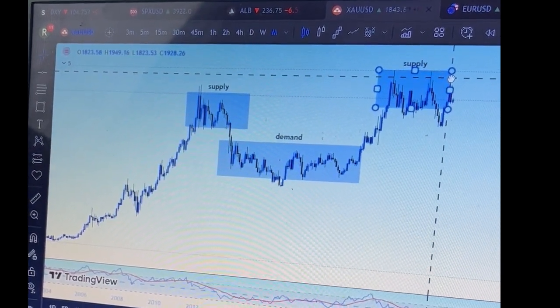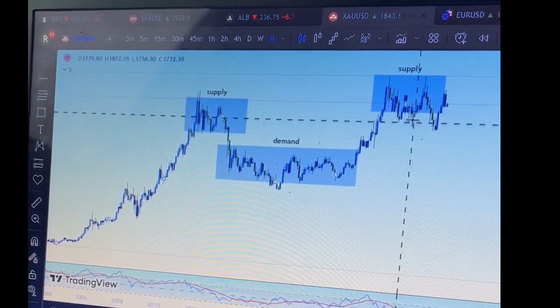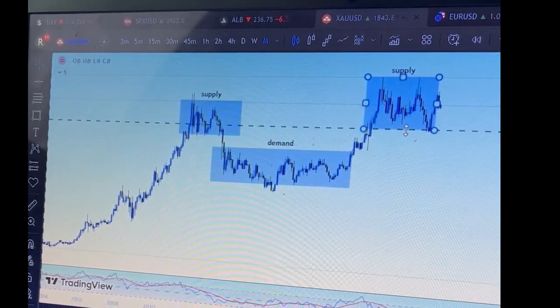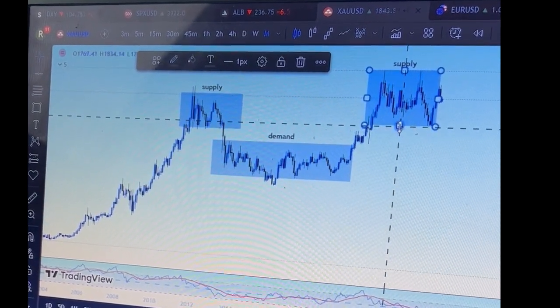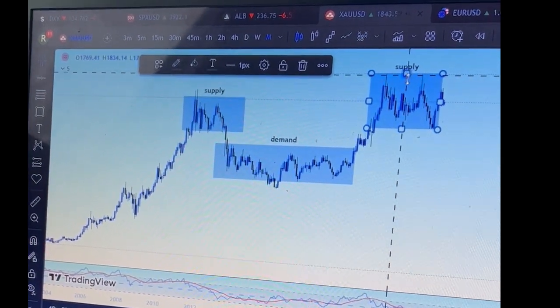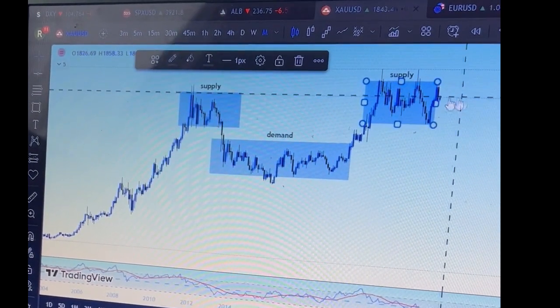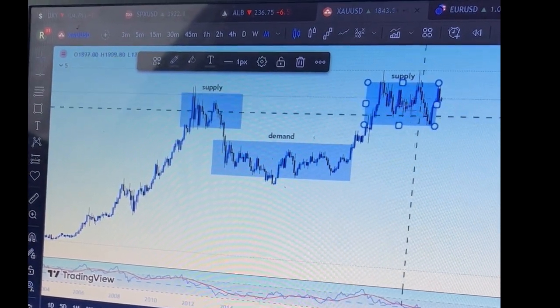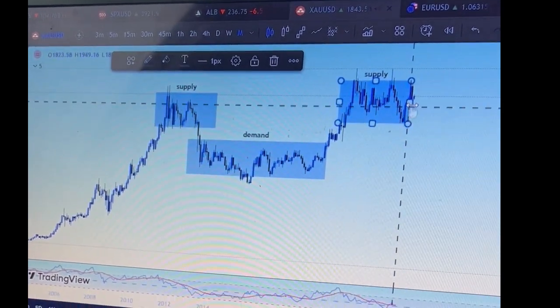Now it's up to you, depending on how you trade, whether you use your supply and demand zones at the top of the wick or at the bottom of the wick, or if you focus on the close. Me, I like to focus on where it closes, like where it bounces and closes and goes the other direction. So that's the high of it, and that's the low of it, close-wise.